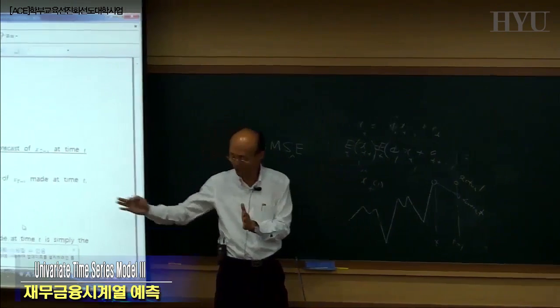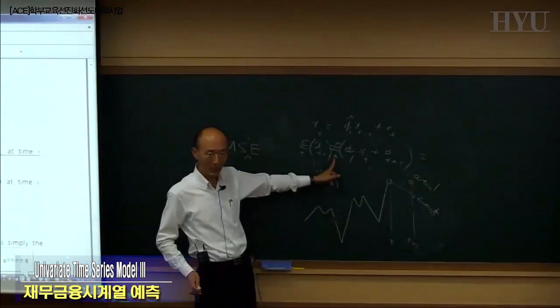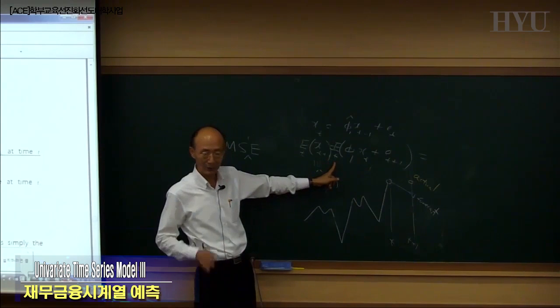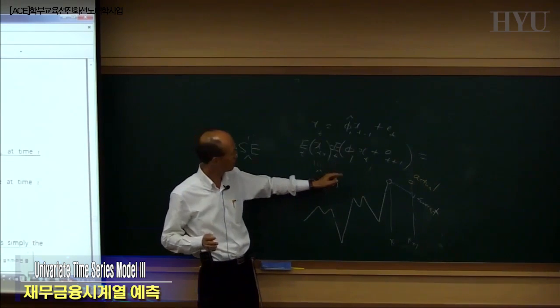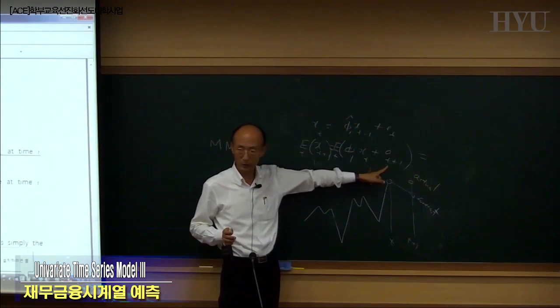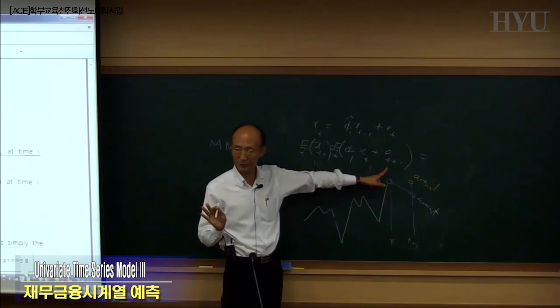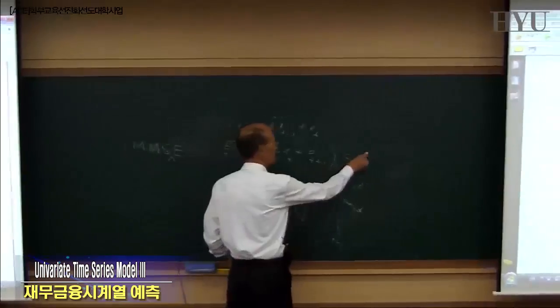So information up to t is known, right? So what is the conditional expectation using information known up to t, the time of prediction? This is known, right? How about this one? Not known. 0. I don't know. Right? So the answer is very simple.